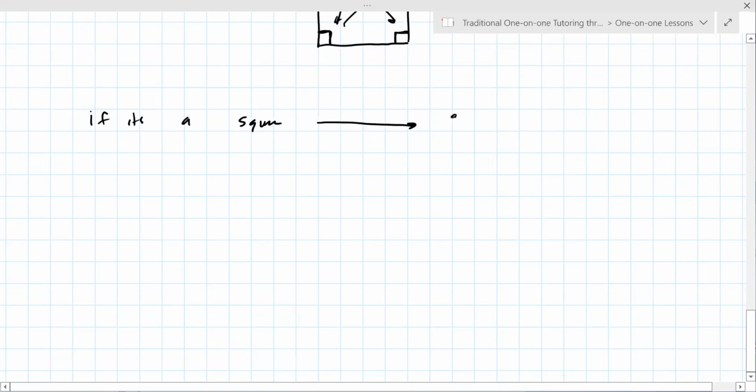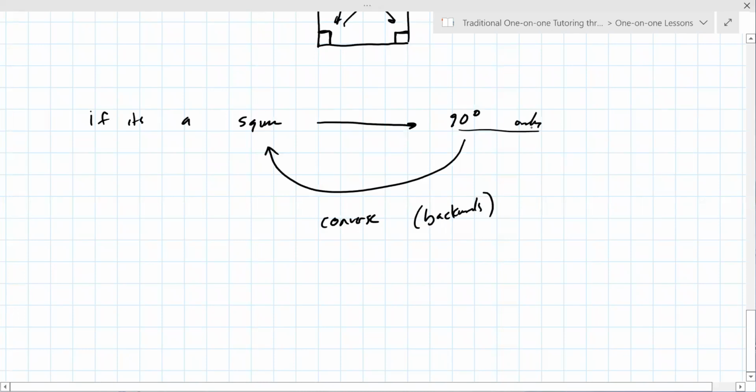Like you know that it meets at 90-degree angles. When you're trying to prove that it's a square, use the converse. You always use the converse when you're going backwards, meaning you're using some feature to prove that it is. All right. Converse, backwards, square.